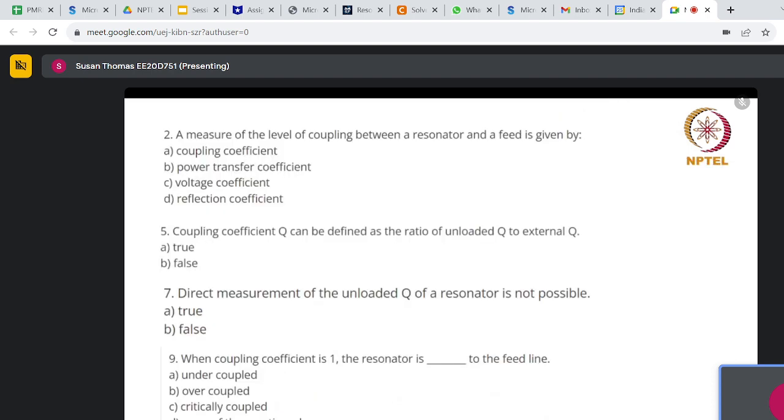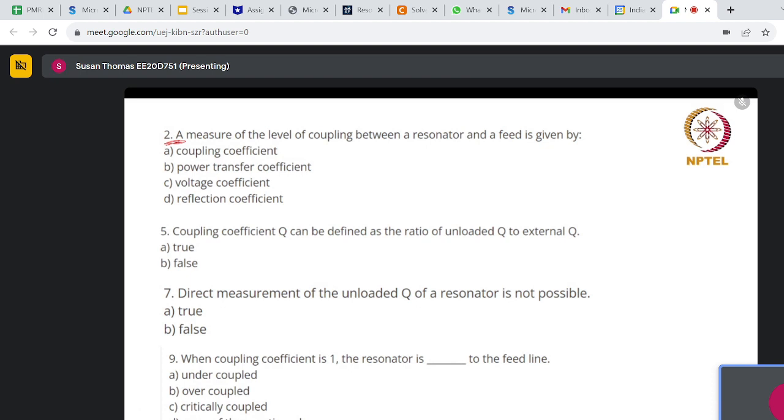Okay, there are a few MCQs again, so let's try to look at them. So the very first question: the measure of level of coupling between a resonator and a feed is given by.